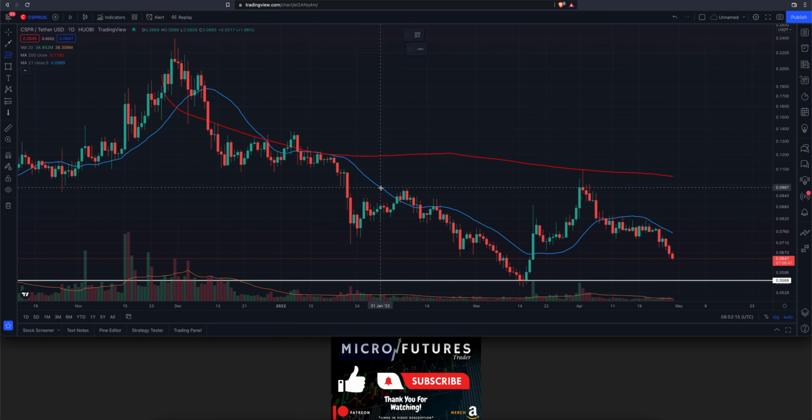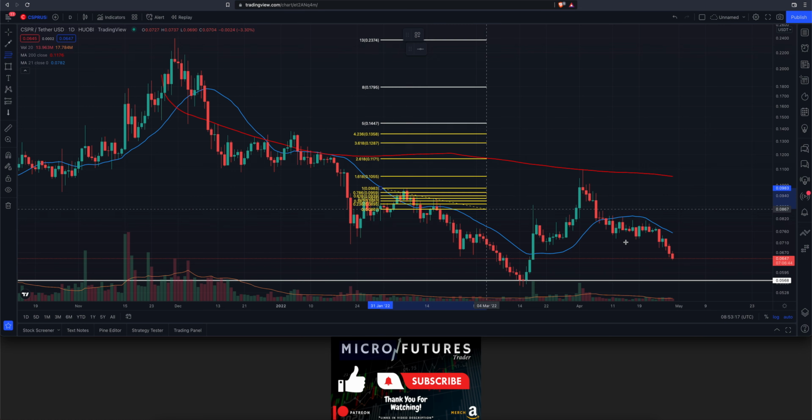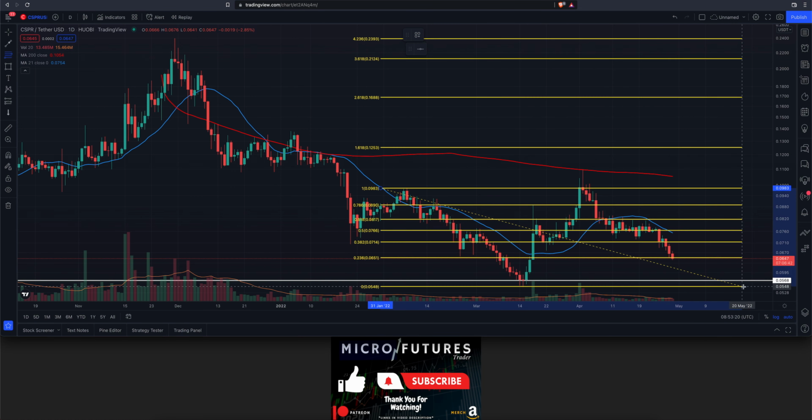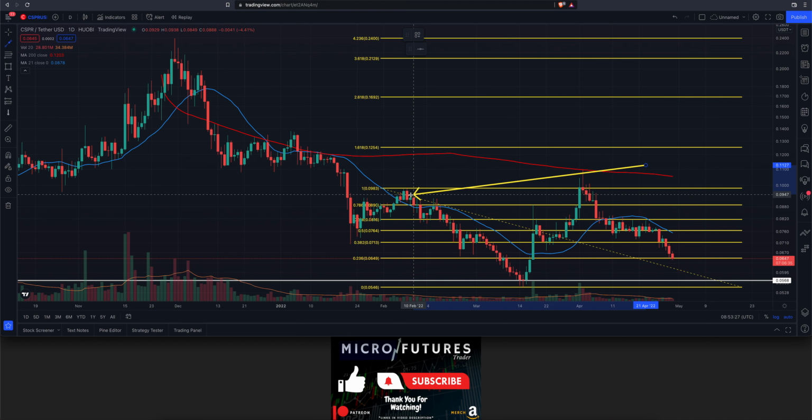And the reason why I'm using this area is because before this move played out here, we took that swing high, that swing low, and it gave us some of these projections here for before that move played out. So that's what we're going to use. And you can see where we're sitting at right now is we are sitting right at a fib level. We're sitting at the 0.236 Fibonacci level.